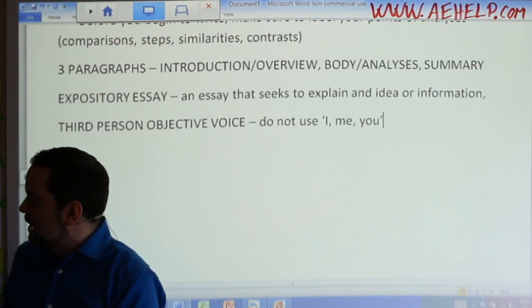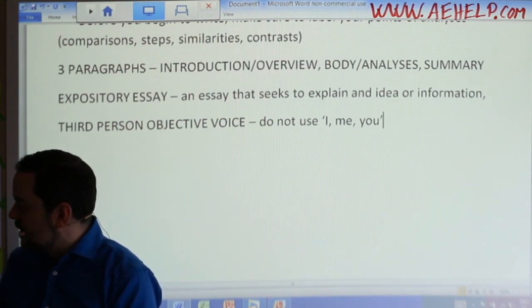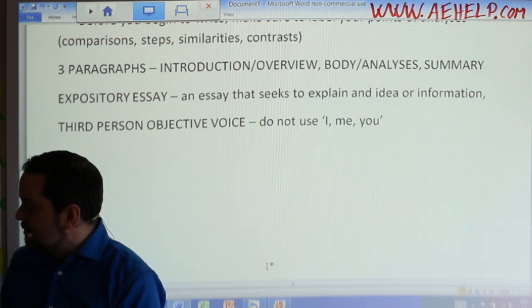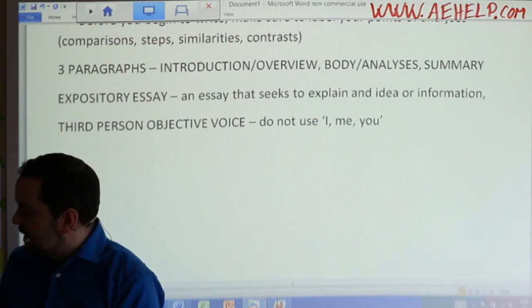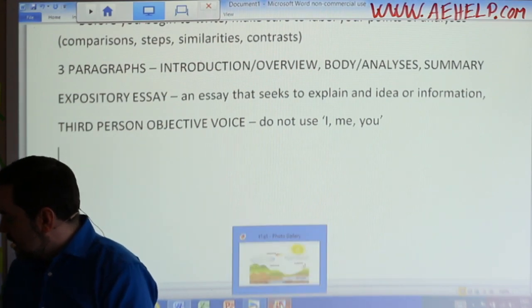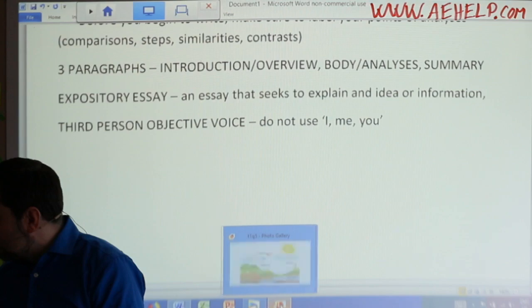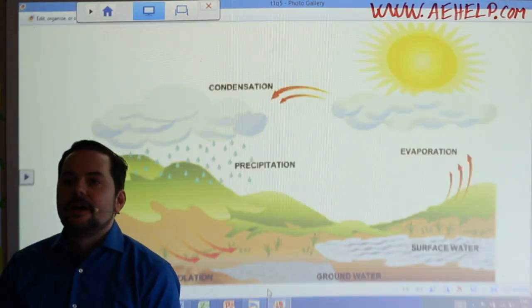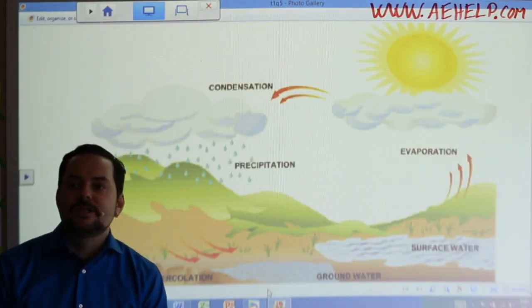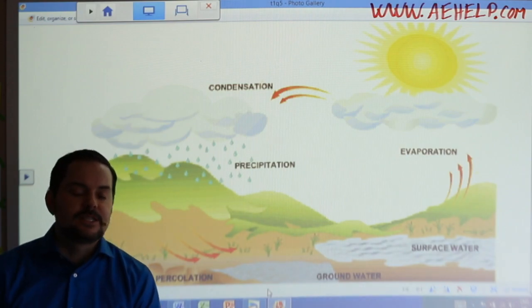All right, so let's then start writing about the overview for our example. Can anybody give me a good overview for this diagram? So what is a good overview for this diagram?